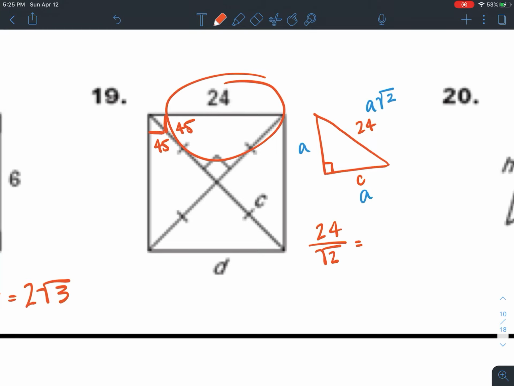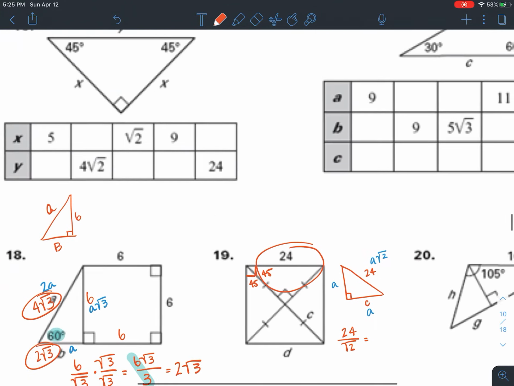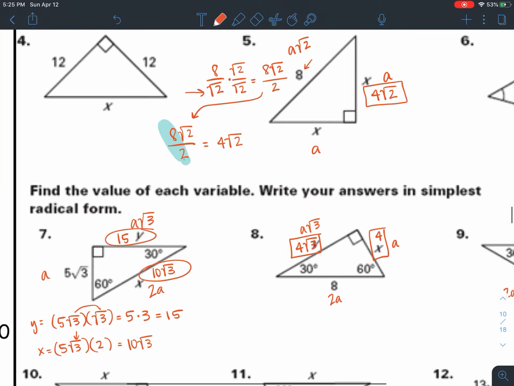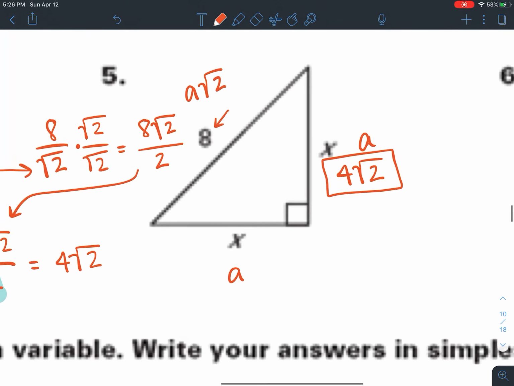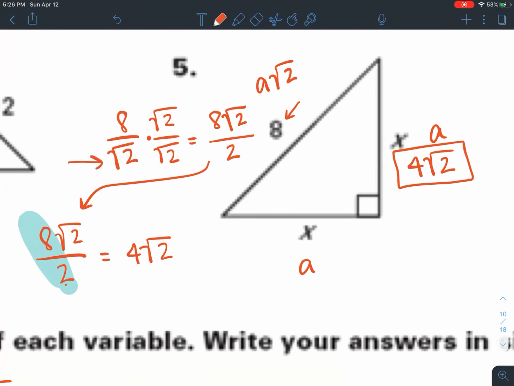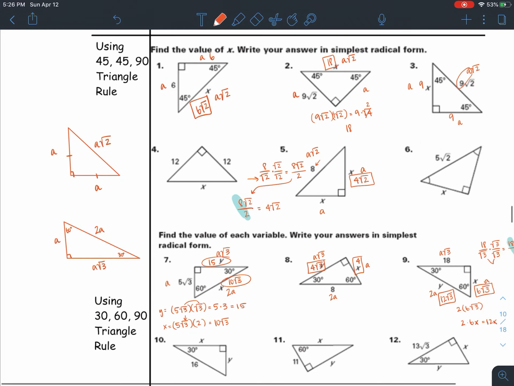Okay, so one of the things that maybe we'll talk about in one of our live sessions is how to simplify these a little bit easier. What you'll notice up here is whenever I had the 8 and I took out the square root of 2, my coefficient dropped to a 4 and I attached the root 2. So I divided by 2 and I multiplied by root 2 on the end.